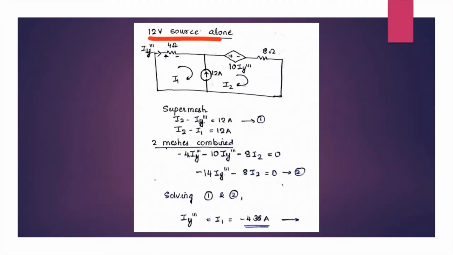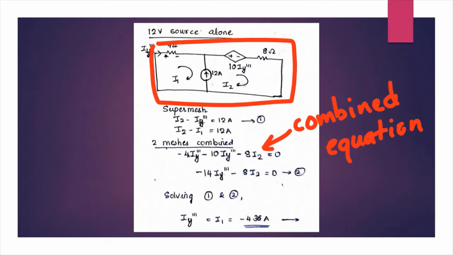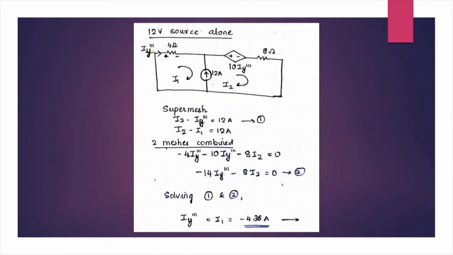Next we are going to consider the 12 ampere source alone. The other two voltage sources we are going to short circuit, and here we have two meshes. Not only that, this 12 ampere source is in between two meshes, so we have to apply the supermesh situation. Consider the two meshes combined. The equation for the combined mesh is minus 4 IY triple dash minus 10 IY triple dash minus 8 I2 equal to 0.